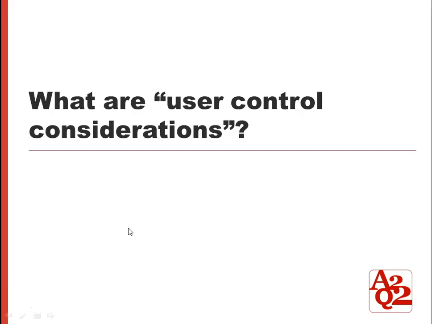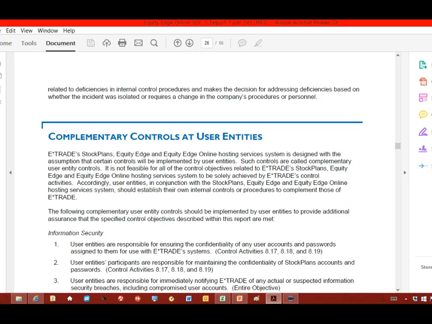As you remember, in the opinion, it talks about user entity controls or user entity considerations. What that means is that our processes, Equity Edge's processes, are working great, but you as the user also need to have controls in your processes before you can rely on ours. So I'm going to take you to the part of the opinion so that you can actually see where you find it and ensure that you've mapped out your controls.